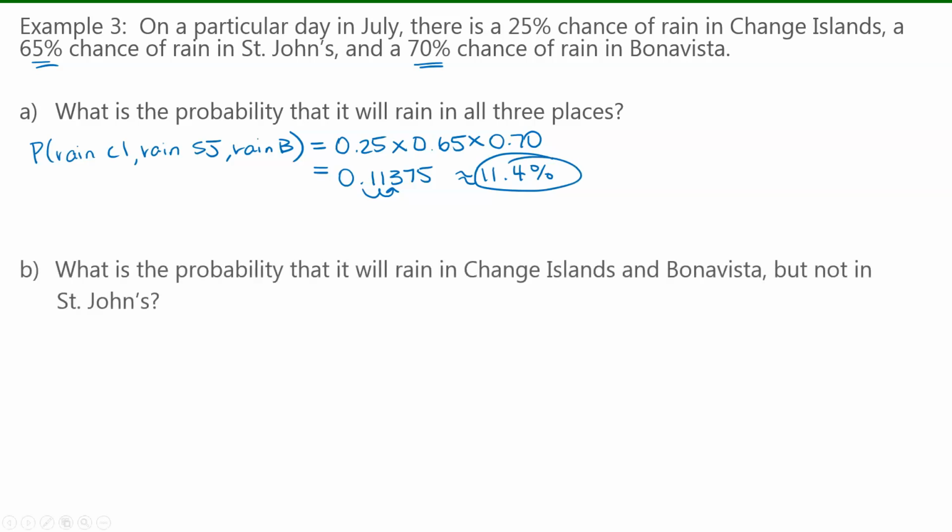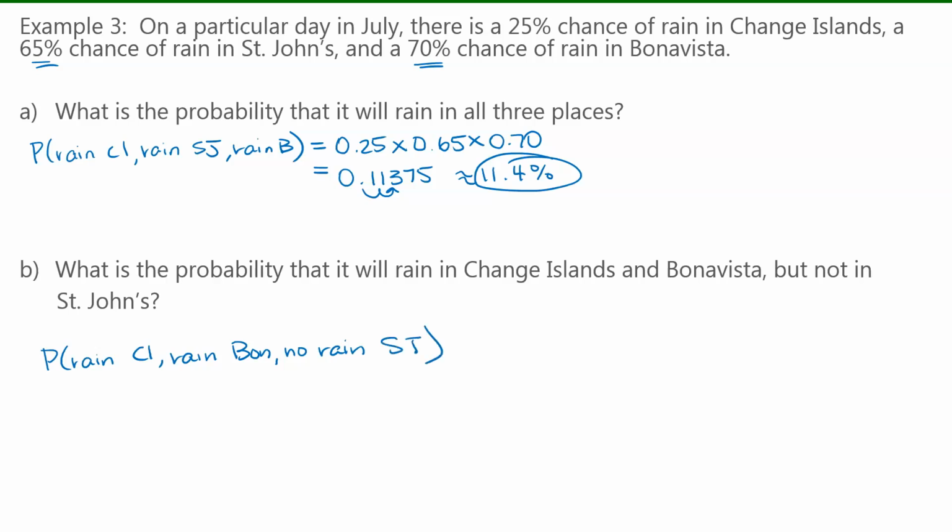What is the probability that it will rain in Change Islands and in Bonavista, but not in St. John's? So we write the probability of rain in Change Islands, rain in Bonavista, but no rain in St. John's.